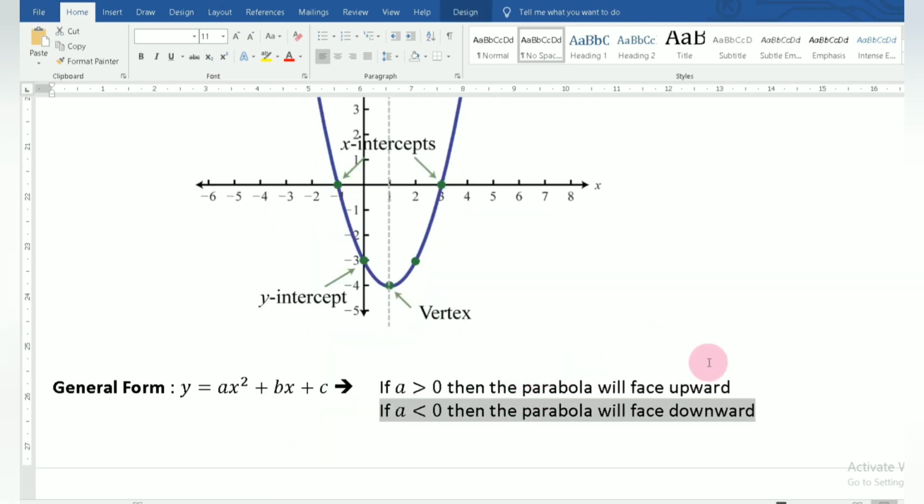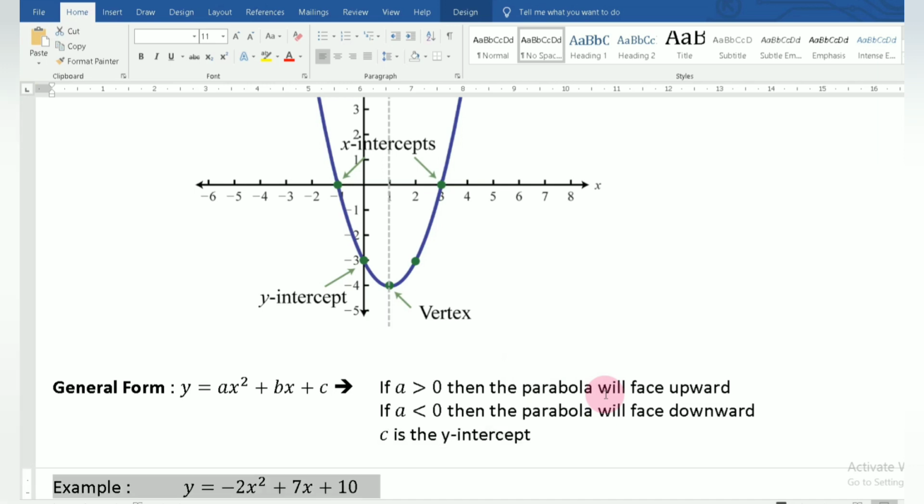If the value of a is negative, or less than 0, then the parabola will face downward. And the last one, the c here, is the y-intercept. The y-intercept is the value of y when x equals 0. If I substitute x by 0, this will be 0, this will be 0, and only c is left. So c is the y-intercept.